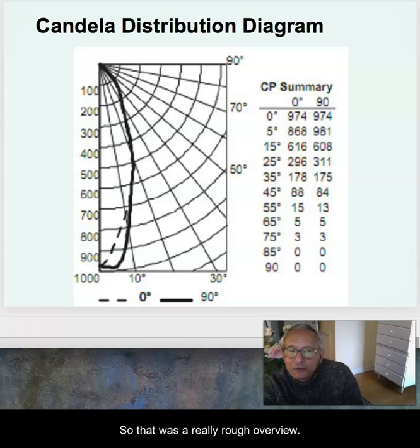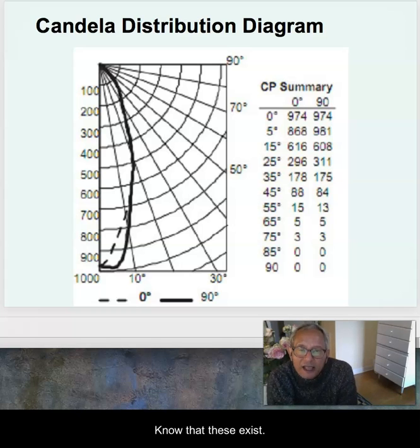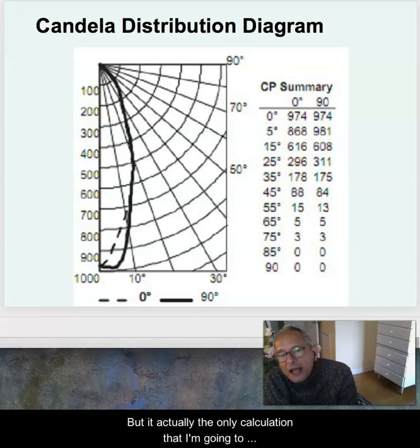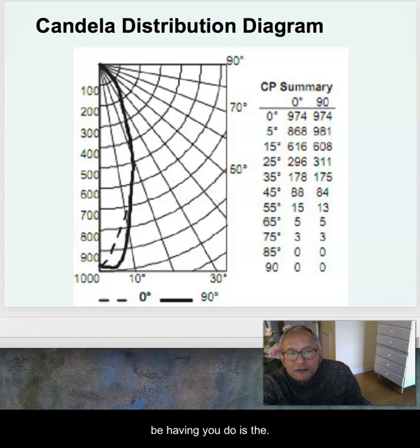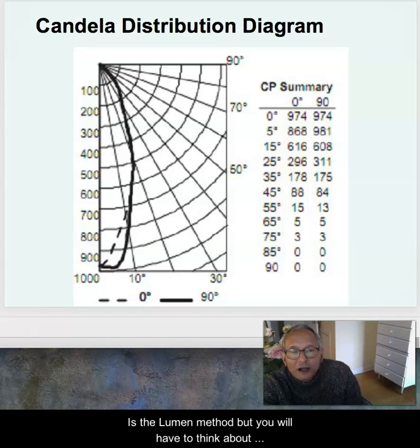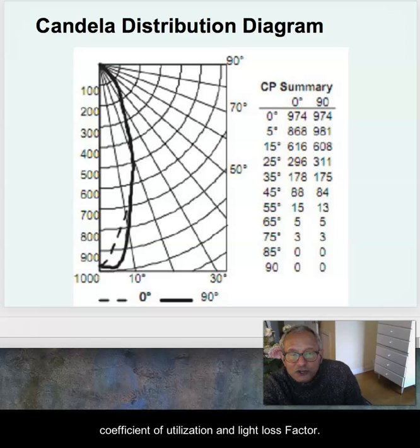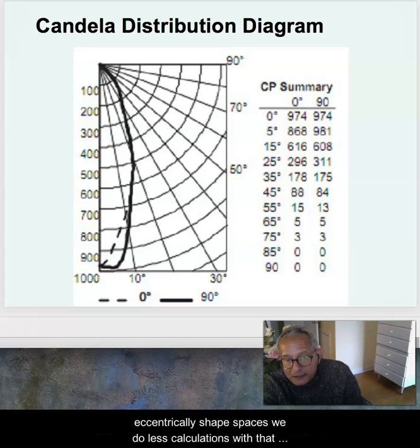So that was a really rough overview. Know that these exist, but the only calculation that I'm going to have you do is the very first one, which is the lumen method, but you will have to think about coefficient of utilization and light loss factor. Okay, there are other calculations you do for eccentrically shaped spaces.